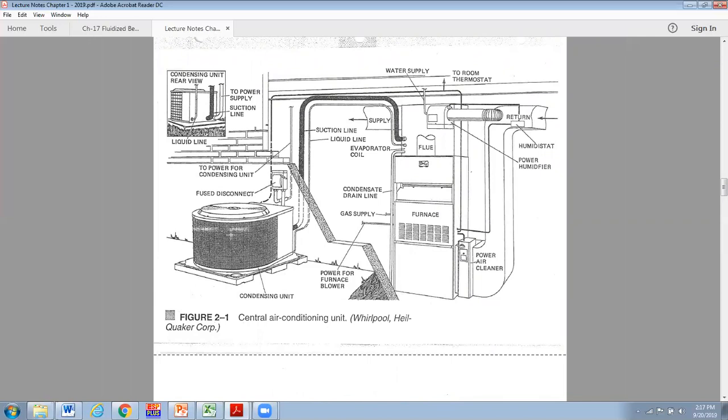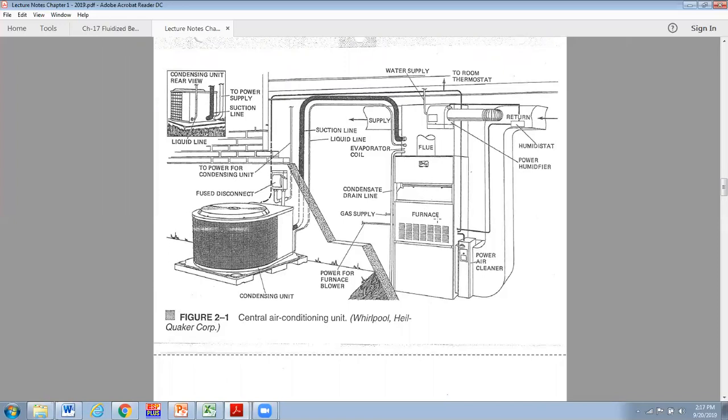There's a fan suspended in here that pulls air across the coil and blows it up the top. It takes away the heat of compression as well as the heat from the space and dumps it to the air outside. The indoor unit has the evaporator coil.